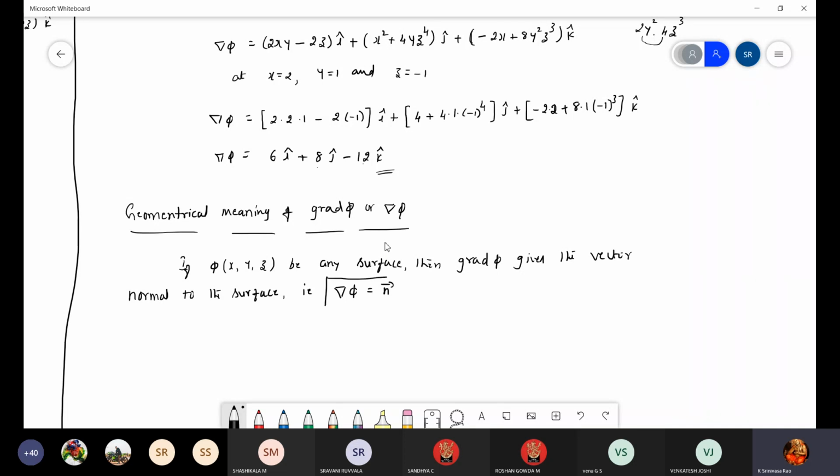So just put it in box. Grad phi equals vector n.